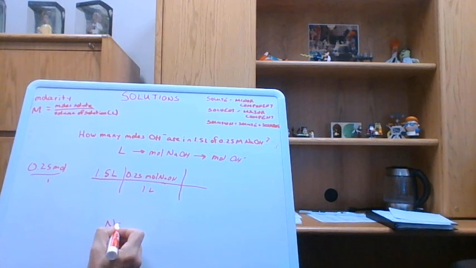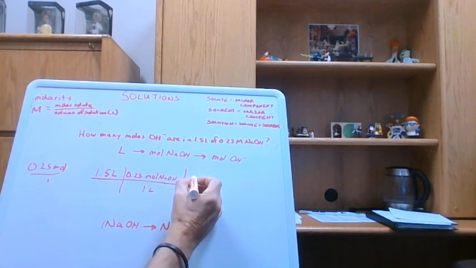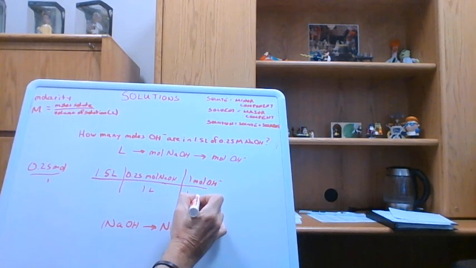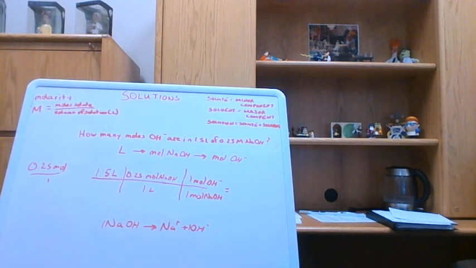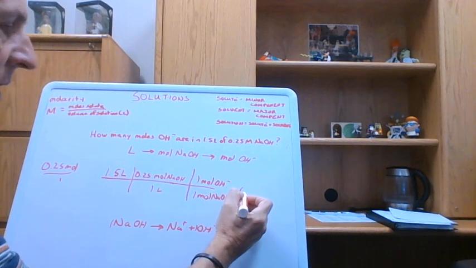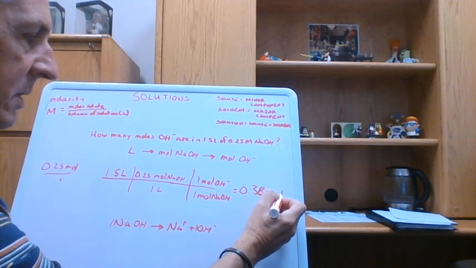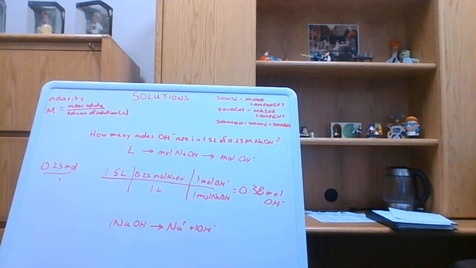And for every NaOH, we get 1 sodium and 1 hydroxide, so it's a 1-to-1 relationship. So there's 1 mole of OH minus per every 1 mole of NaOH. So we're just going to go on and calculate through, and we would get 0.38 moles of OH minus if we had 1.5 liters of 0.25.